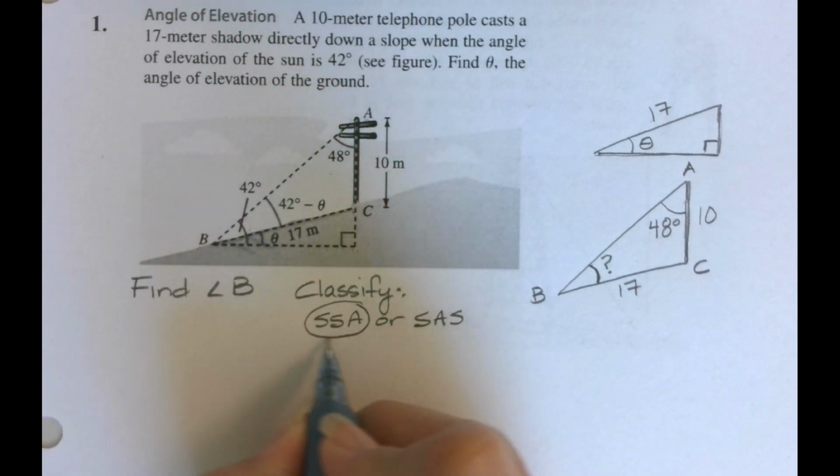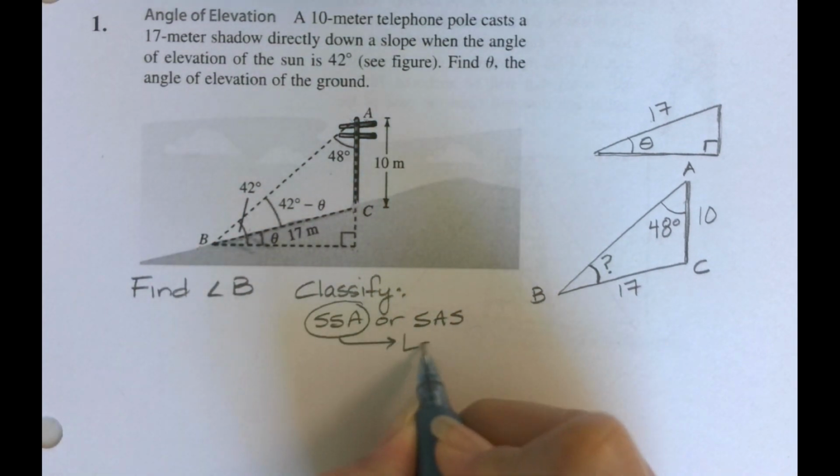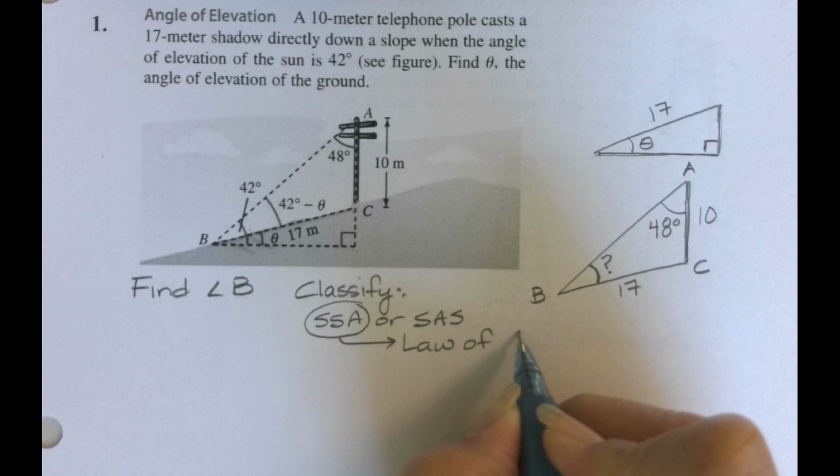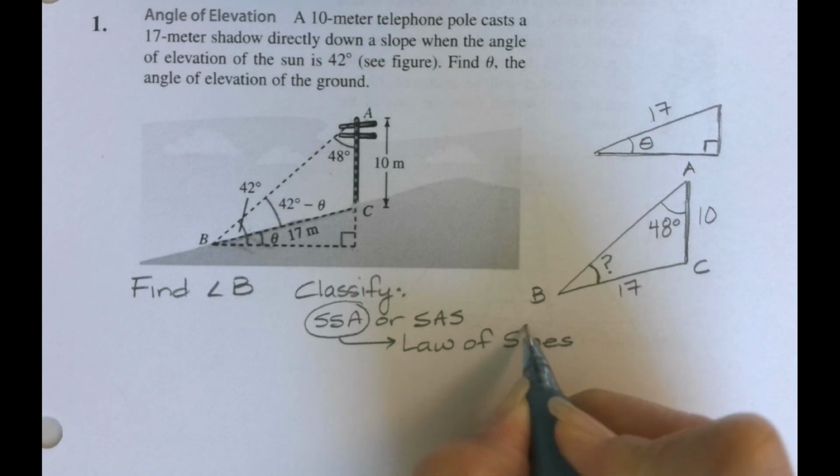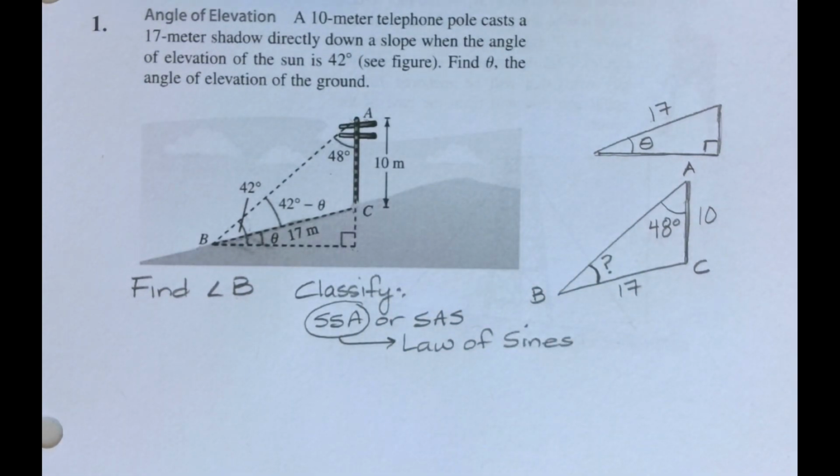So SSA is law of sines or law of cosines? Law of sines. So law of sines is the approach that we will have to take, okay? Now, SSA is an ambiguous case, but I'll tell you this, when it comes to application problems, just know it's always going to be one solution, okay? So if you end up with an ambiguous case of law of sines for applications, it will just be one solution.